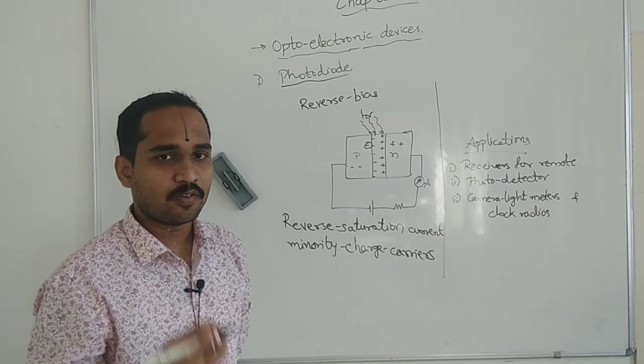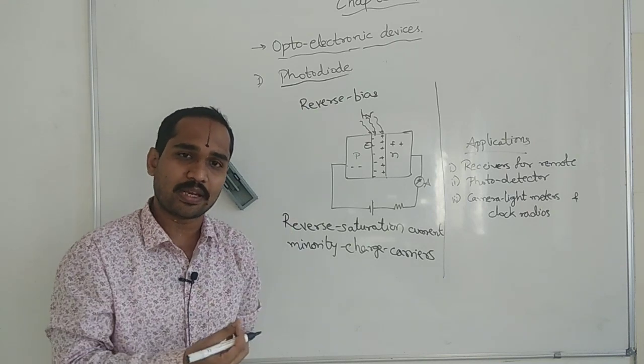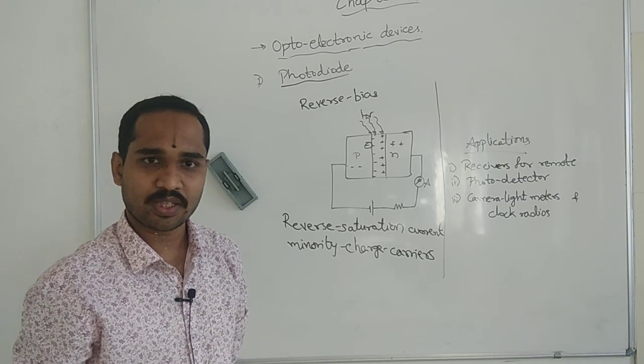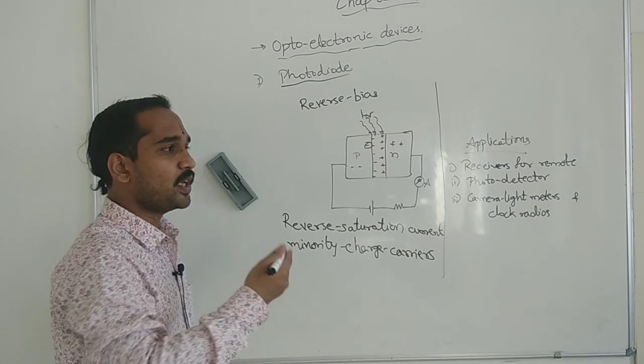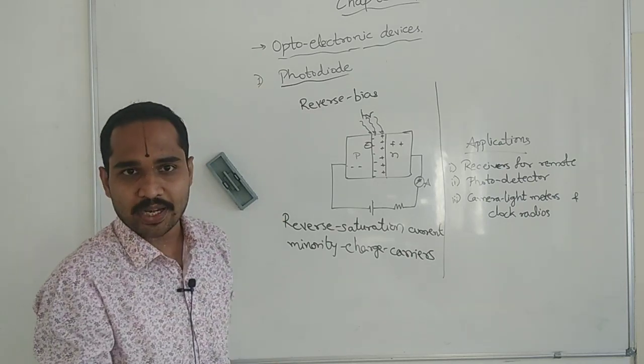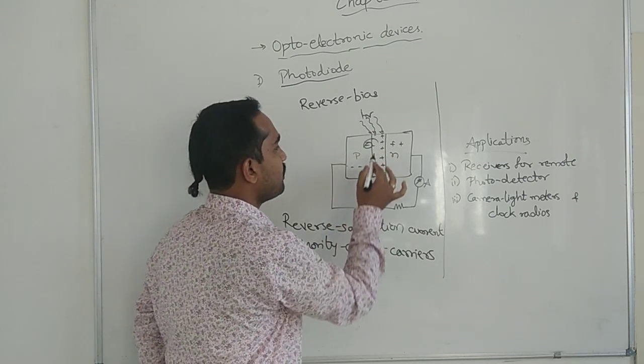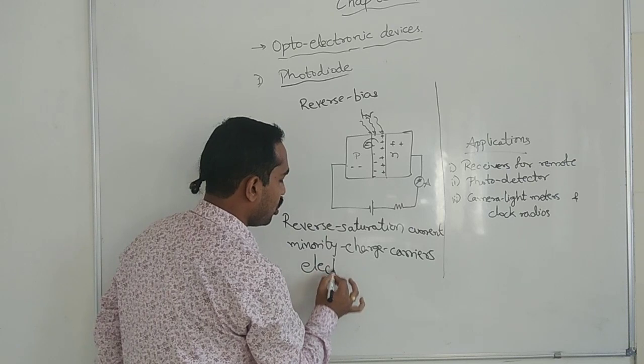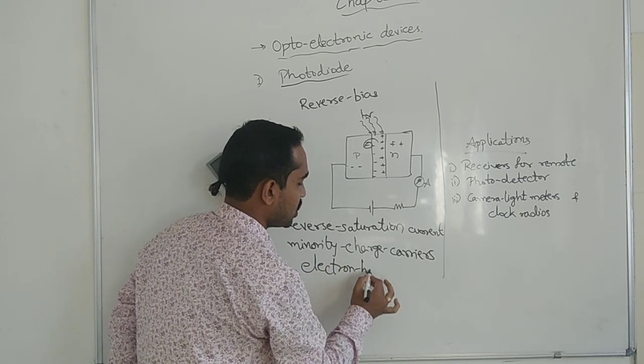Whenever you give energy to an electron, it will jump from the valence band to the conduction band. This is natural. So when it jumps to the conduction band, an electron hole pair is generated.